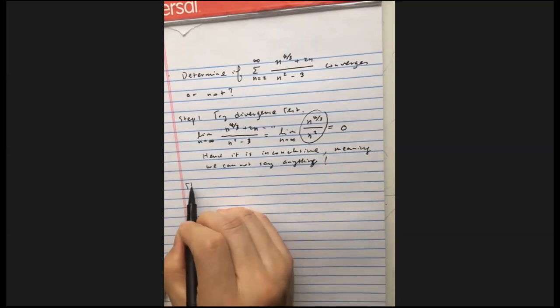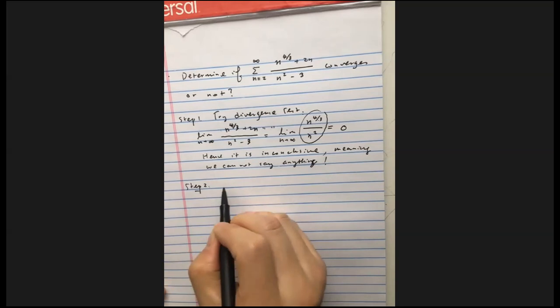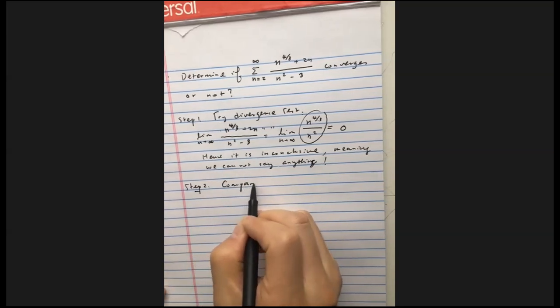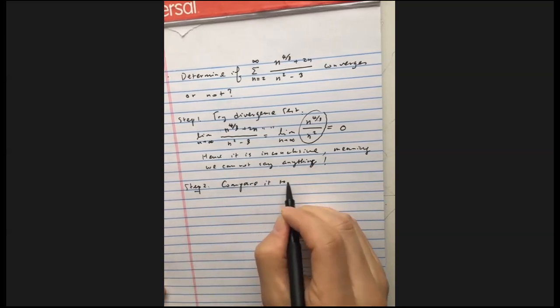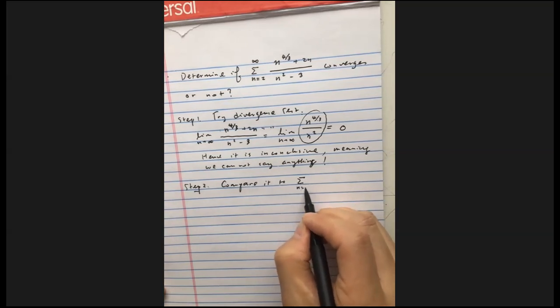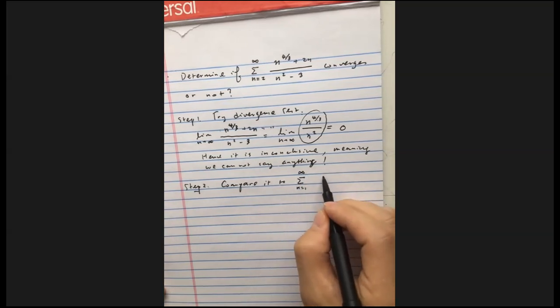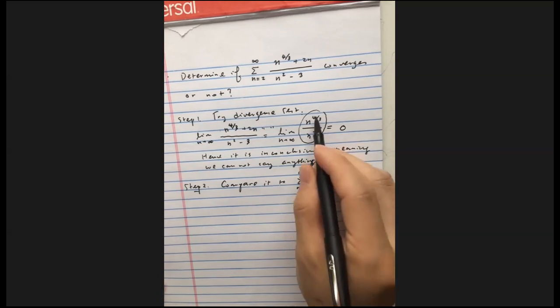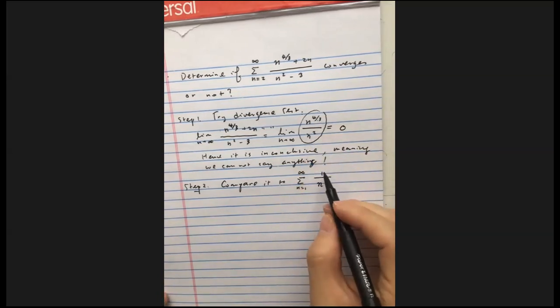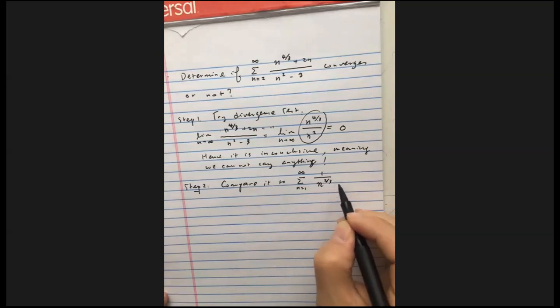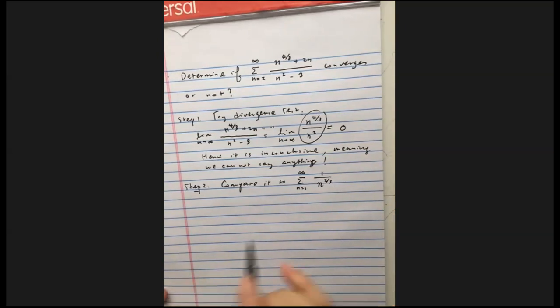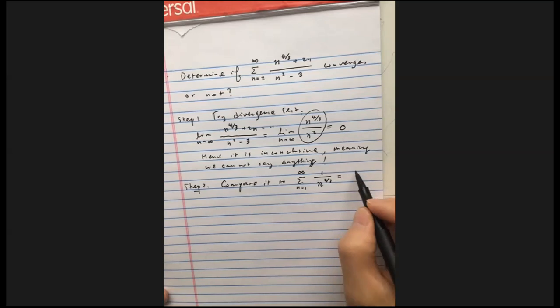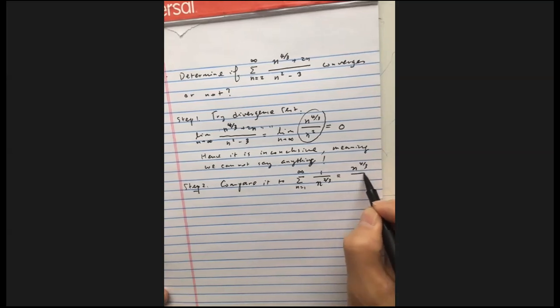Okay, so step 2. Compare it to the summation n equals 1 to infinity of 1 over n to the 2 minus 4/3, which equals, I think, 2/3, right? The reason we are getting this is because this actually is n to the 4/3 over n squared.